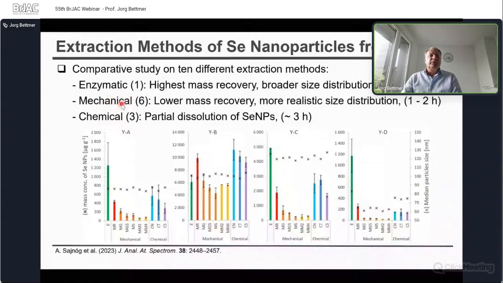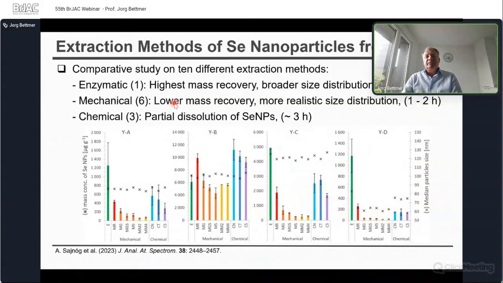As an alternative, they tried 6 different mechanical approaches, with the advantage that they basically provide a more realistic size distribution. So it's not as broad, for example, as in the enzymatic method. The time to extract the particles from the material is much shorter.